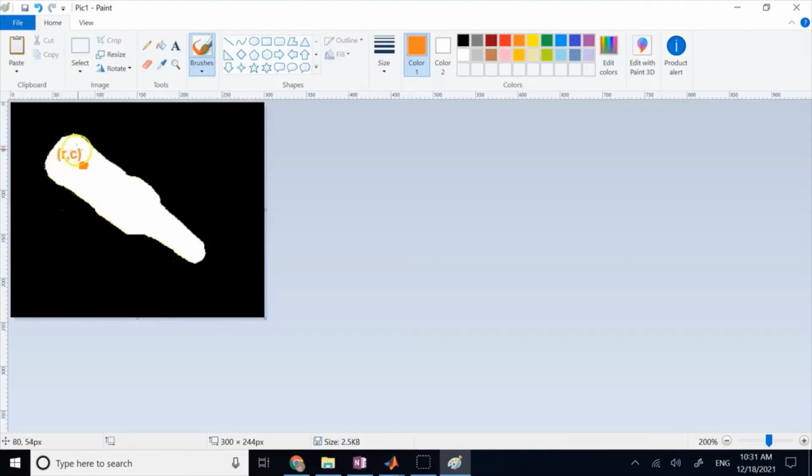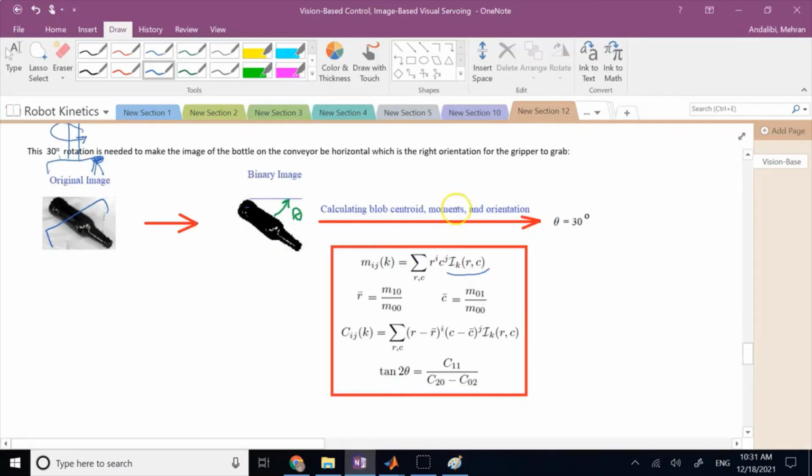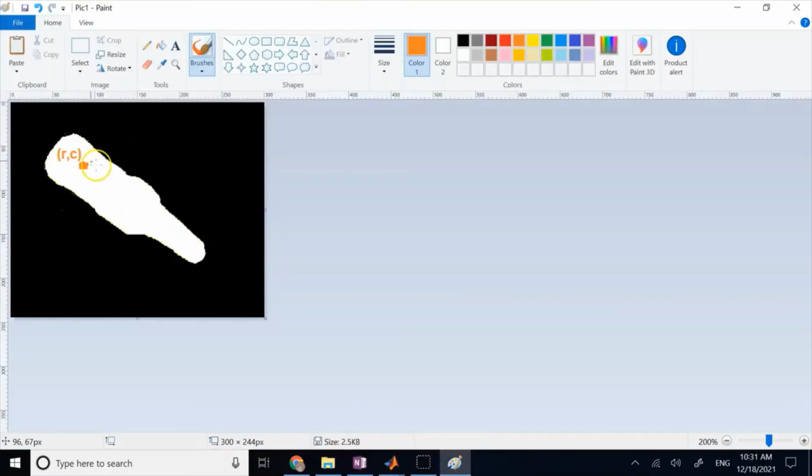So whatever R is, whatever C is, I raise them to the appropriate power, i and j, and multiply by the intensity of the blob at that location, which again, this is a binary blob. So anywhere it's white, it's 1. Anywhere it's black, it's 0. So I multiply them by 1 basically. So for that location, the calculation I'm doing is whatever R is to the power i, whatever C is to the power j.